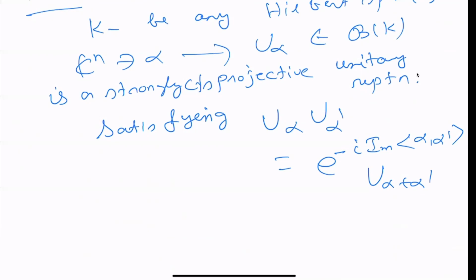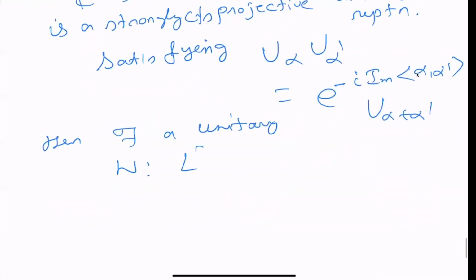So if you have a strongly continuous projective unitary representation satisfying this Weyl relation, then there exists a unitary W from L2 of Rn.